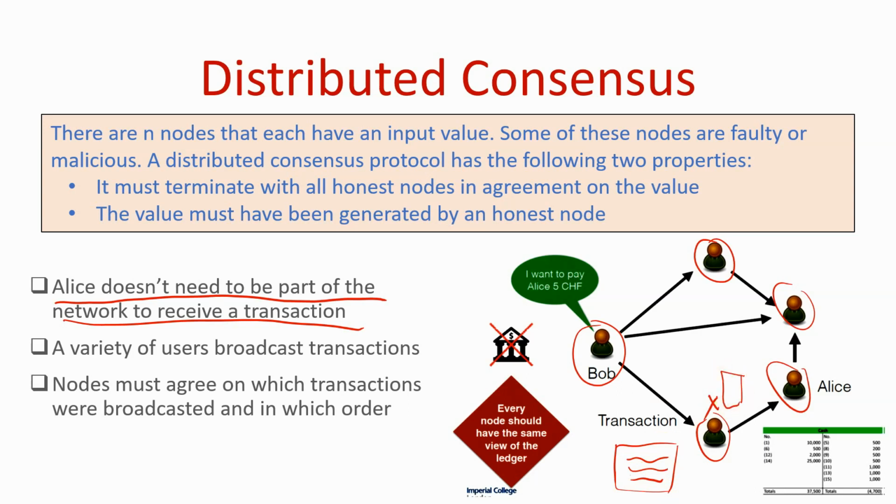Now, it could be the case that you have another miner Y working on a block as well. So Y is also receiving transactions. And because it's a distributed peer-to-peer network, Y may receive some common transactions with X and some different transactions as well. So the transactions that end up in the block generated by Y may not be the same as the transactions in the block generated by X. If they were the same, then it would make no difference who generates the block, but they are not.